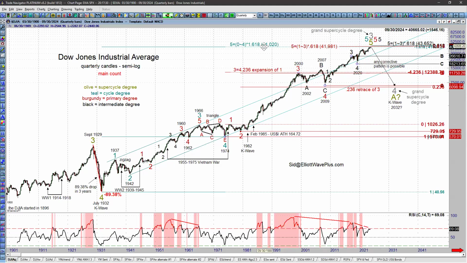The best target for the end of the 5th wave, looking at cycle degree or teal, is where the highly extended 5th wave would be equal to the net traveled from the beginning of the pattern through the end of wave 4 times a very extended 1.618 on a similar chart. And that is at 41,020.